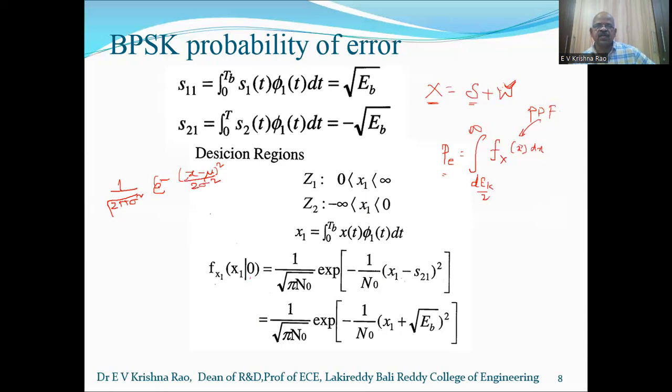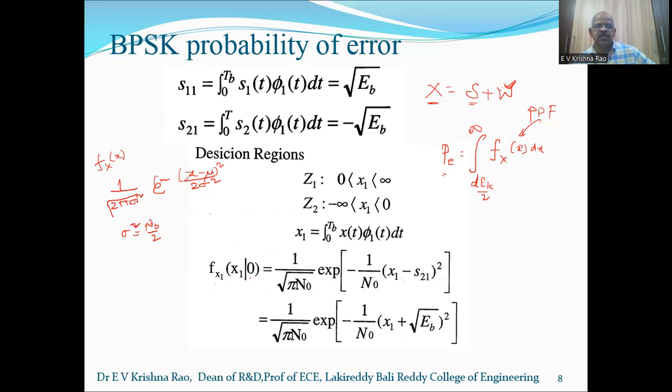This is the probability density function, where sigma square is N naught by 2, the variance of noise.